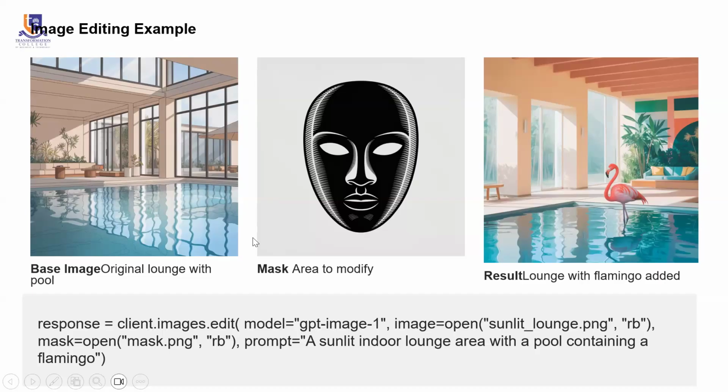And then the prompt: a sunlit indoor lounge area with a pool containing a flamingo. So I've modified this image from the original pool in the lounge to an image with a flamingo added into it.